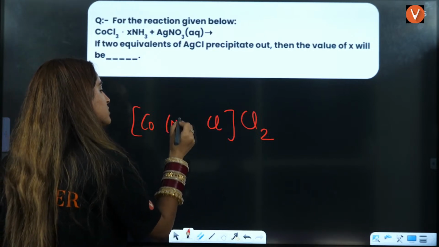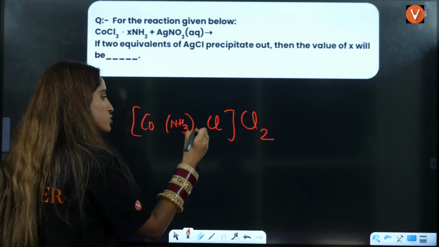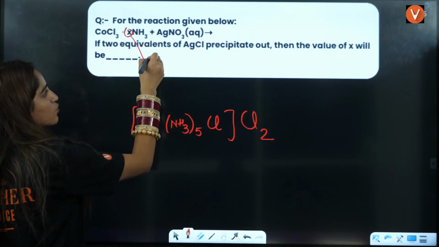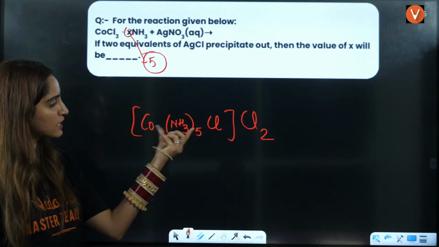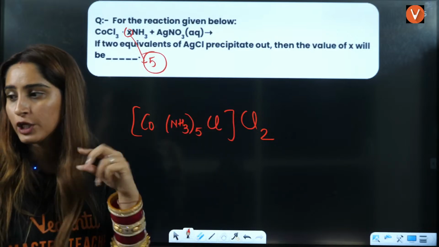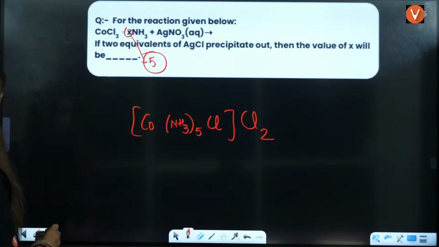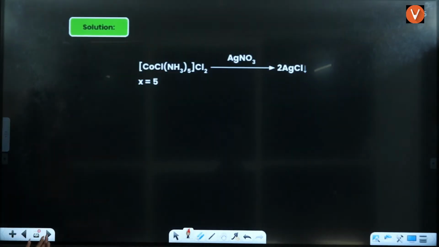Cobalt will always have a coordination number of 6, right? So this will be 5. That means X is going to be 5. So Co(NH3)5Cl, the coordination number becomes 6. We have used all the chlorine and 2 AgCl will be formed here. That means 5 is the correct answer here, right?